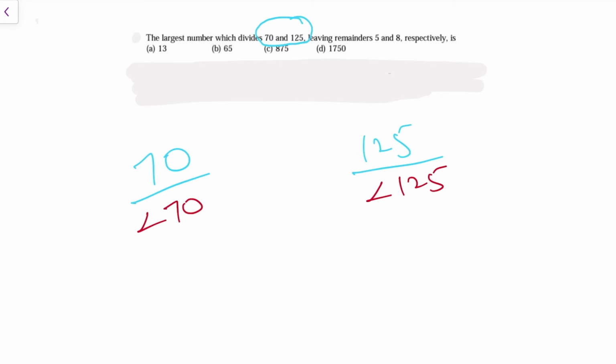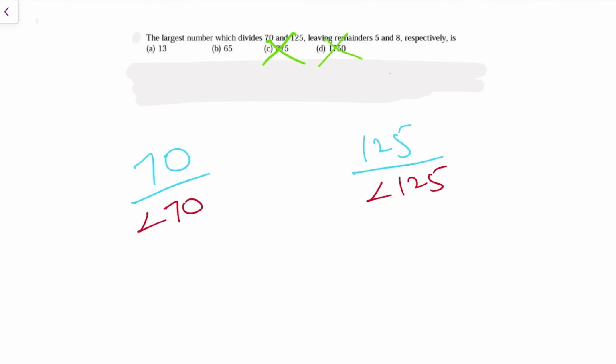Because if I take a number greater than 70, it won't divide 70. If I take a number greater than 125, it won't divide 125. So from this logic, I can remove option D as well as option C, because those are much bigger than 70 and 125. Then remaining 13 and 65. 13 is smaller as well as 65. Both are smaller than 70 and 125.